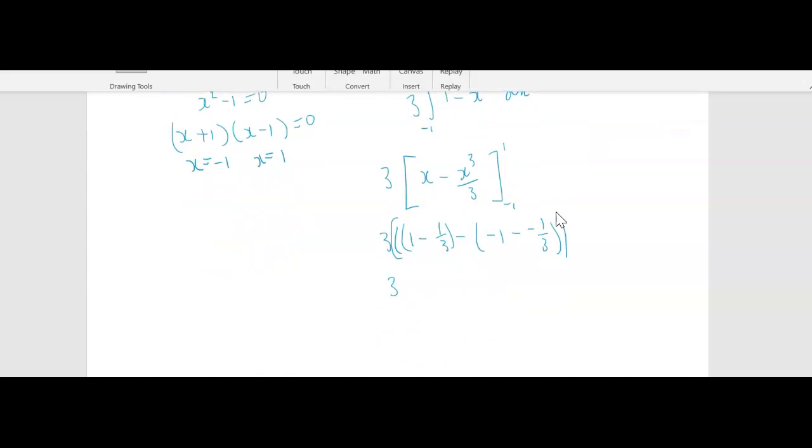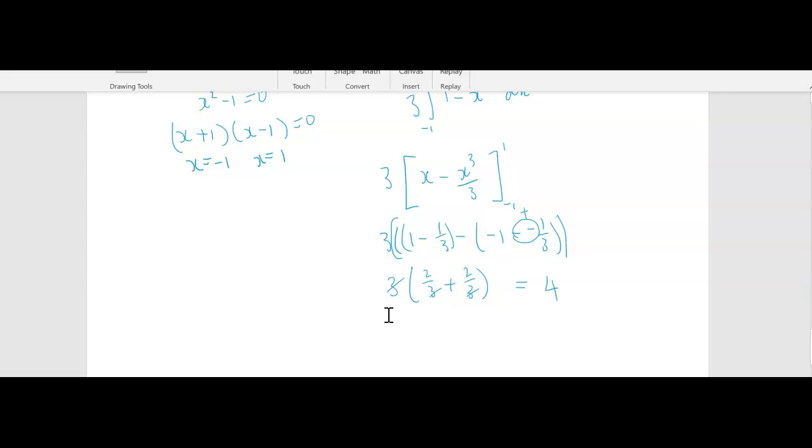All right, so 1 minus 1/3 is 2/3. So this becomes a plus. 1 plus 1/3 is minus 2/3, and then another minus makes it a plus. All right, so that 3 is going to cancel 4/3, so it's just going to be 4.